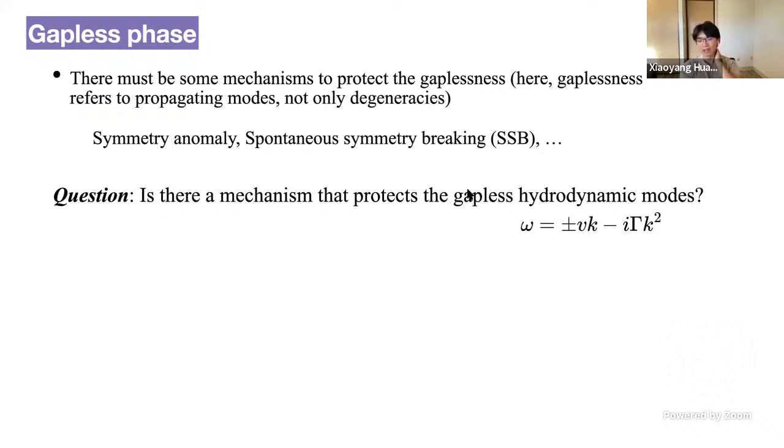For sure, there's a lot of things to do to really pin down the phase of matter at non-equilibrium. We can definitely chat more about that later. But thank you for the question.